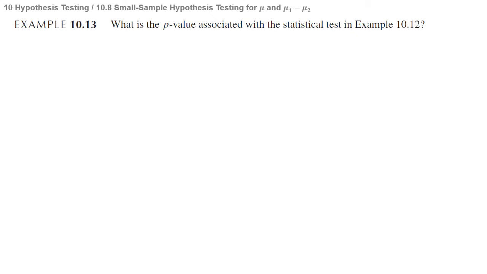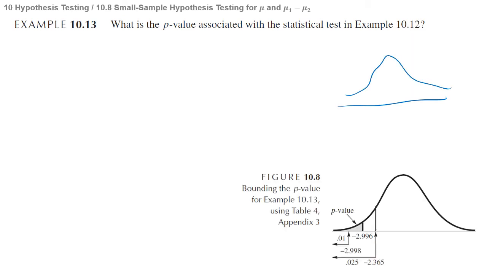Let's move on to the next example problem. Example 10.13: what is the p-value associated with the statistical test in the previous example, example 10.12? Here, this is a t distribution, and let's solve it using the graph. This is the rejection rule, and the test statistic is minus 2.96, which is what we calculated.